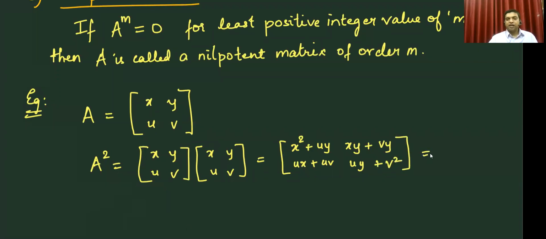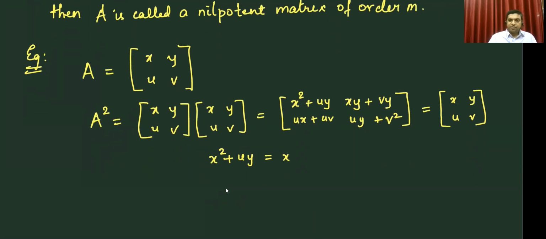Now for this to be idempotent, A square equal to A means this is equal to x, y, u, v. So basically x square plus uy is equal to x. This is the first term.